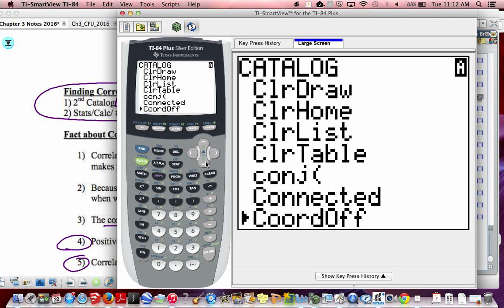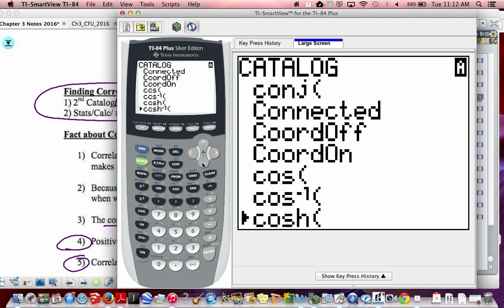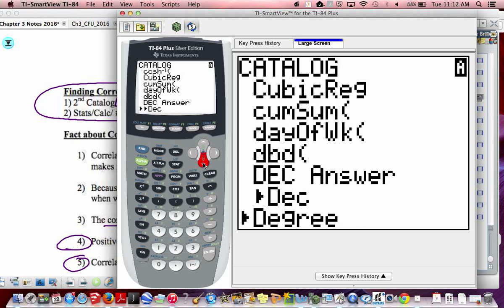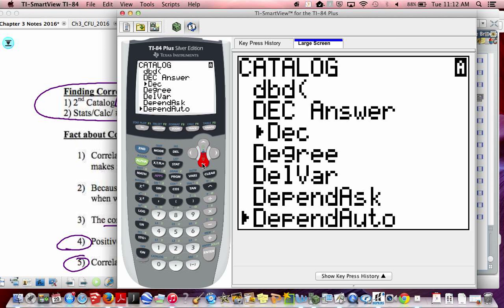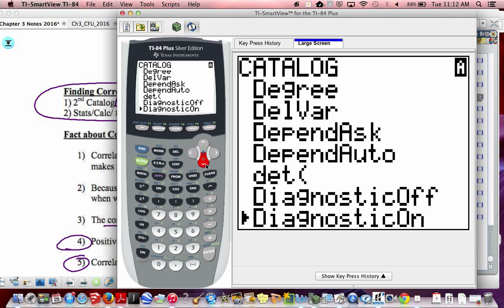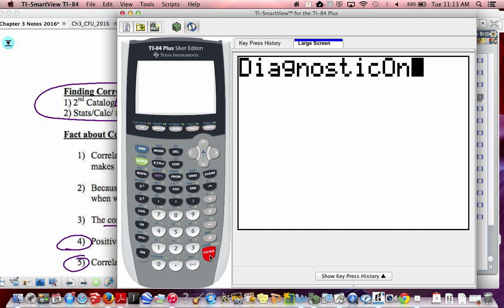Basically every single function in your calculator is in your catalog. So I'm almost there. Sorry, this is taking a lot longer. Here I have diagnostics on. I'm going to make sure my arrow's on it, hit enter, and hit it one more time so it says done.